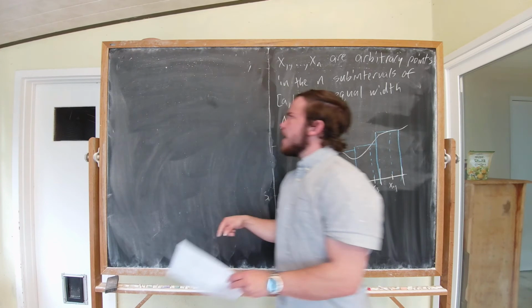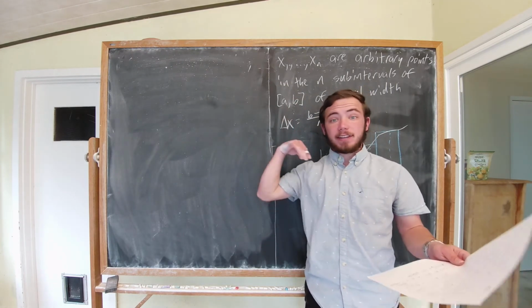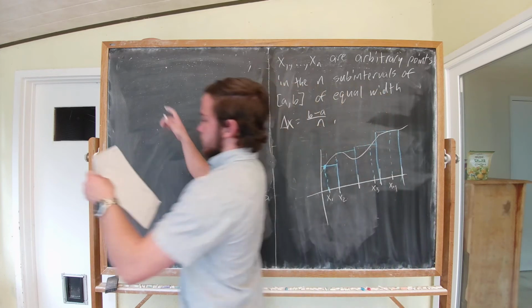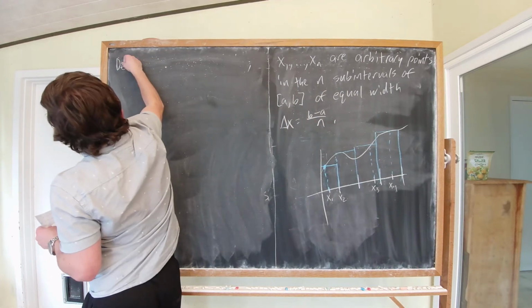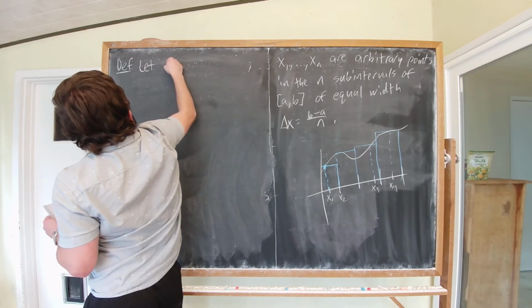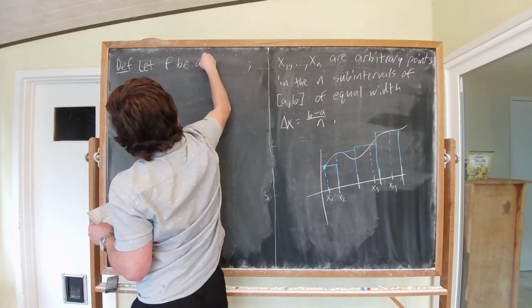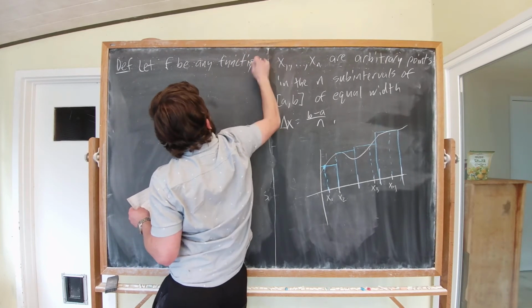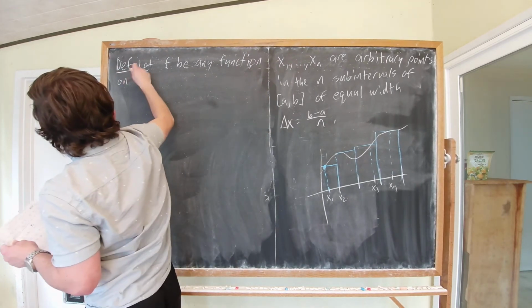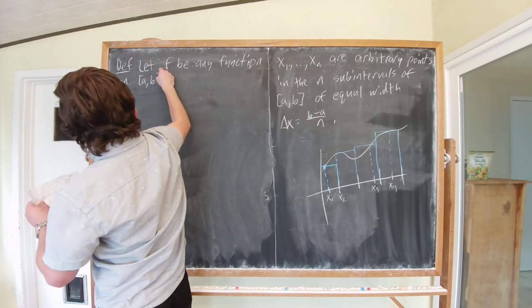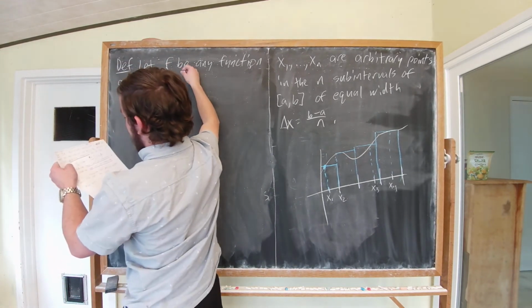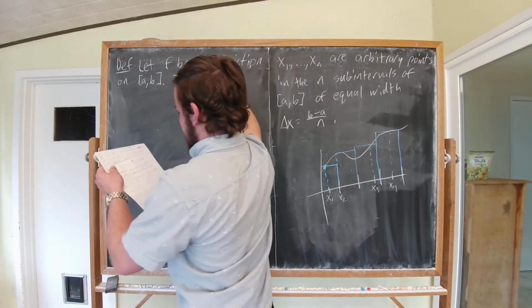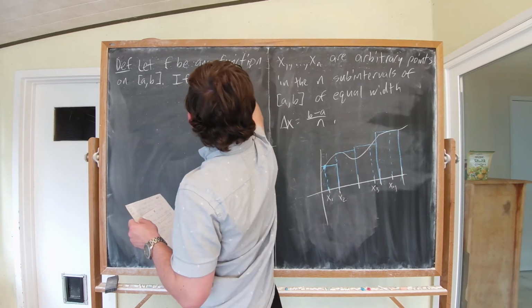So, what if we have some random function that is neither continuous nor non-negative? Let f be any function, as long as it's defined on that whole interval.